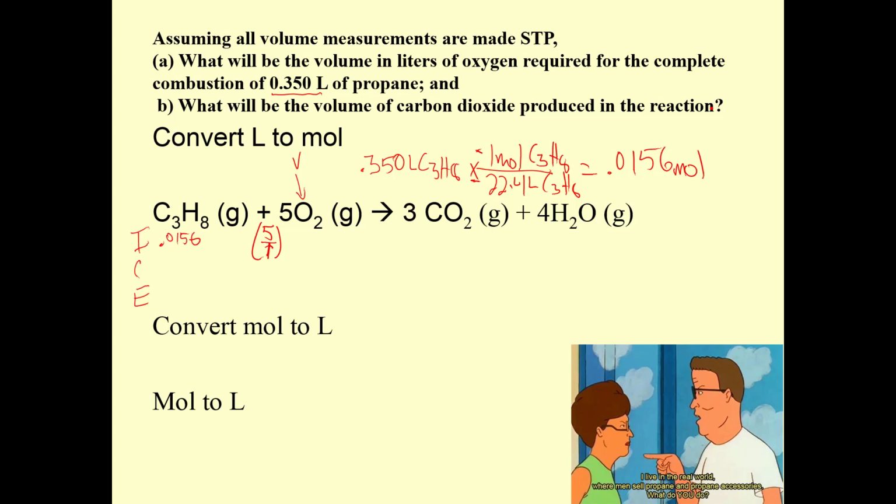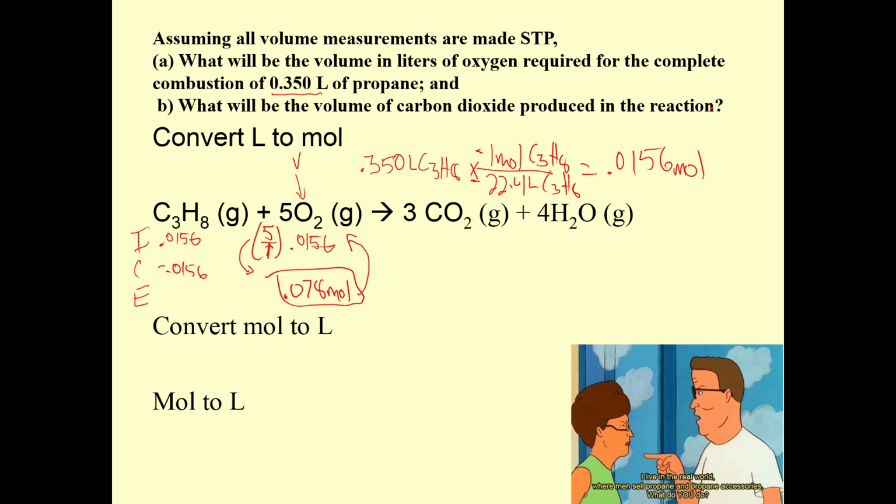I'm going to put my 0.0156 here. And this actually should be the change line. This is going to be minus 0.0156. And this is how I figured it out. So that's going to be 5 times 0.0156, which is really 0.078 moles, which goes up there.